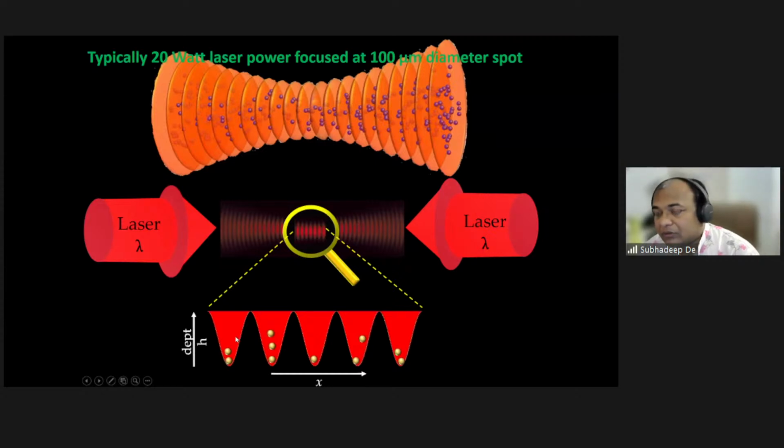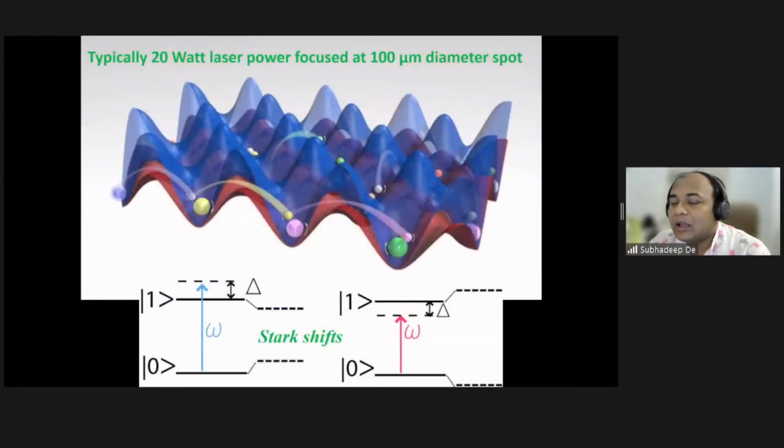Now think about the nature of that potential in 3 dimensions. I think all of you have seen egg curtains. So exactly it will look very similar to egg curtains in 3 dimensions. The egg curtains are the periodic nature of the potential, where the eggs are basically neutral atoms which are trapped.